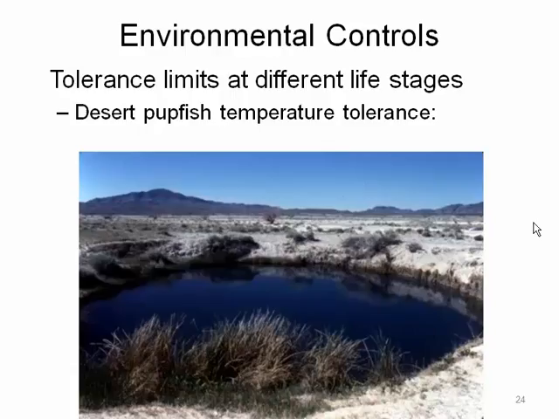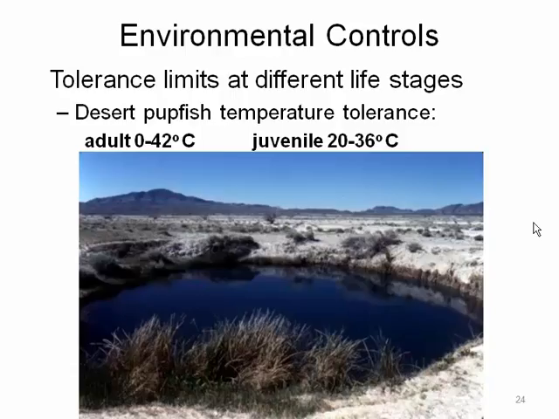And their ability to tolerate very harsh temperature conditions is different from the juvenile stage versus the adult. Adults can survive from essentially just above freezing, where the liquid water is down around 0 degrees, up to the very hot summer temperatures of 42 degrees C.